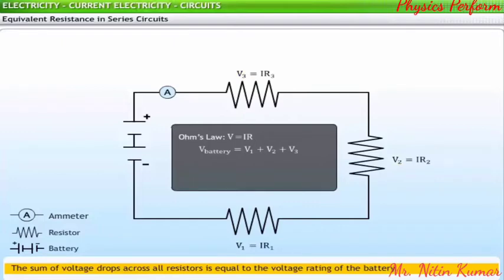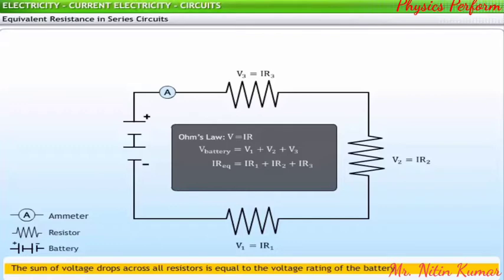where each voltage drop is equal to the product of the total current in the circuit and the resistance in the respective resistor. Substituting the values of individual voltage drops in this expression, you get IR is equal to IR1 plus IR2 plus IR3.